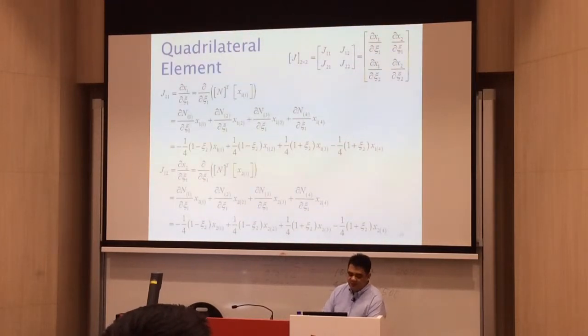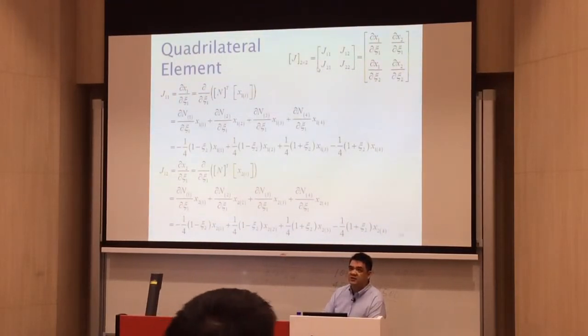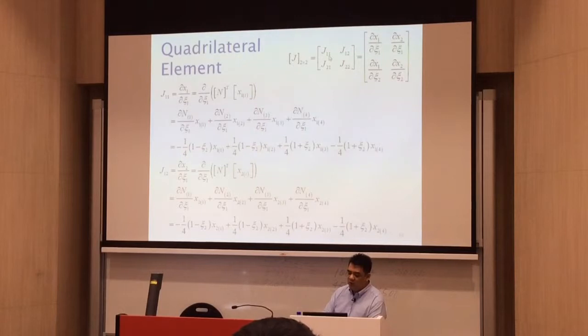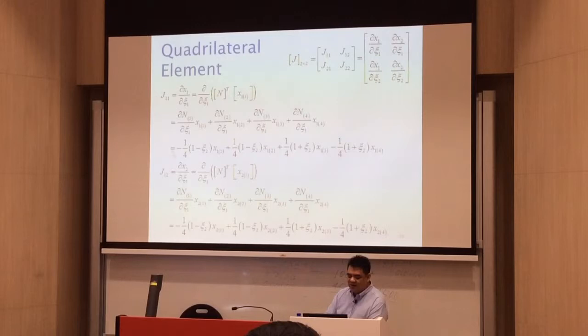Yes. Your Jacobian, so the first step, as mentioned in your notes, is to determine your Jacobian matrix. So you need to determine J11, J12, J21, J22. Yes? So here, partial N1 with respect to C1, you got that already. So no change here.